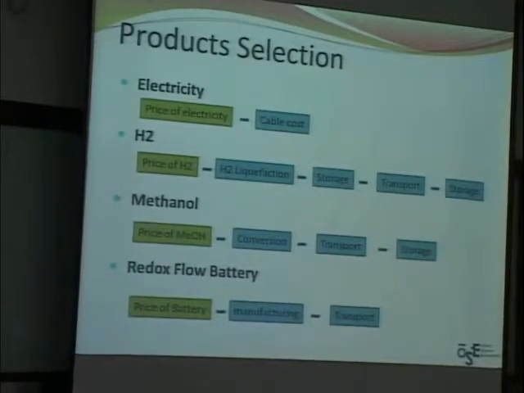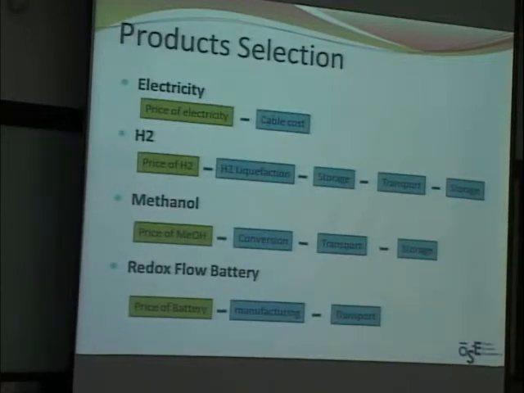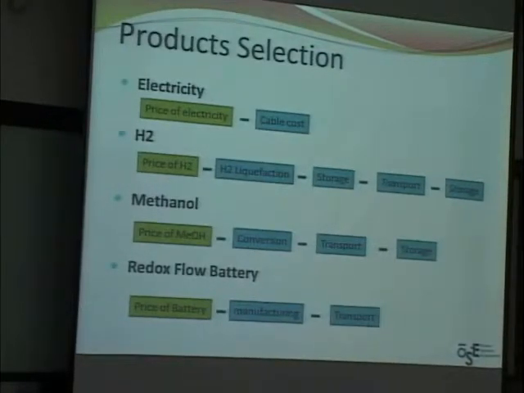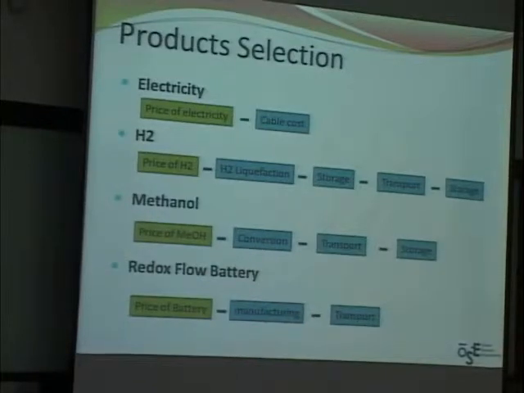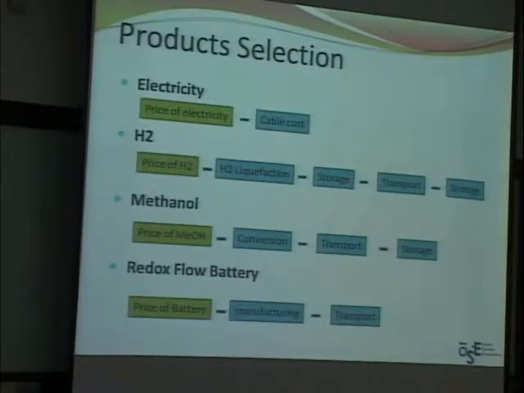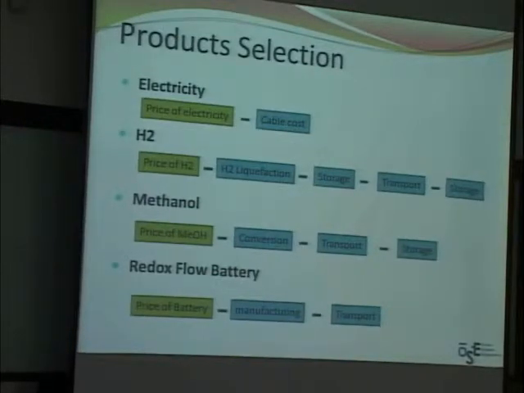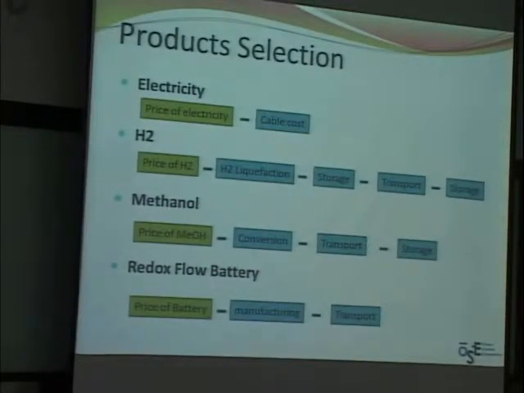Hydrogen can be produced by electrolysis. The process is very simple, but it has a big problem that it is too difficult to be carried to the land. It needs high pressure and very low temperature. They consume much money.